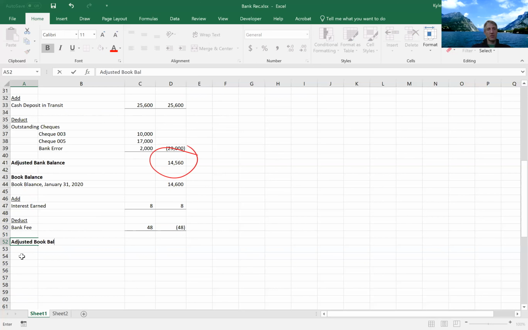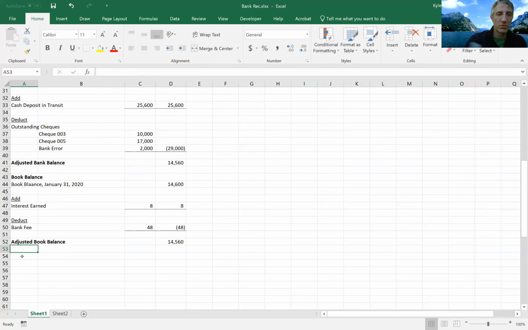Adjusted book balance. If I did everything correctly here, the adjusted bank balance and the adjusted book balance should match. And that's what we see here. These two numbers now match.